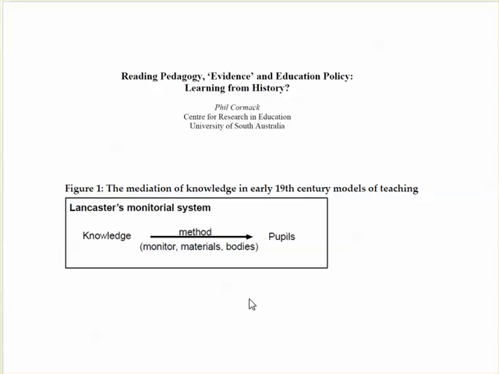So anyway, coming back to symbolic violence, what was happening here, as in this Lancaster monitorial model shown here, was that particular forms of knowledge were privileged, and then methods, which were practices of reproducing ways of organizing and managing people, were invented, and that method was used to pour the knowledge into children's heads.